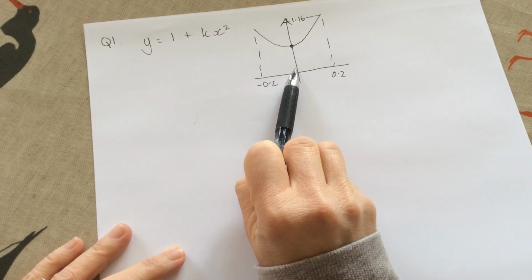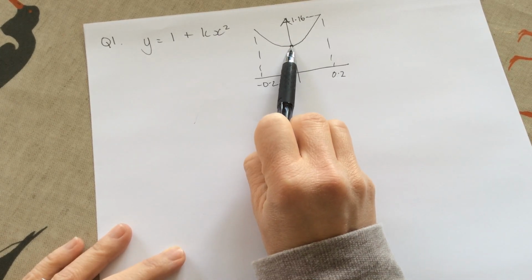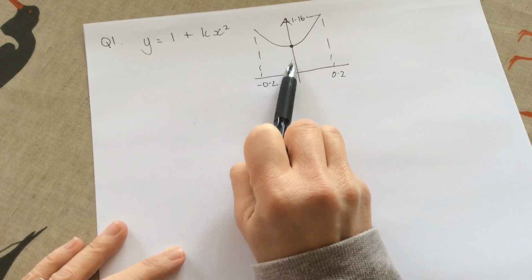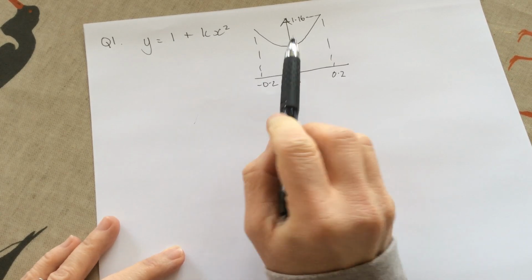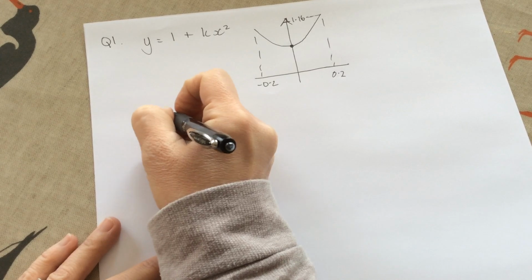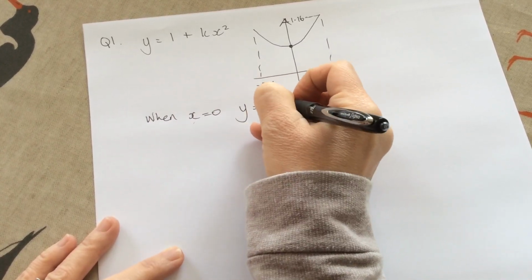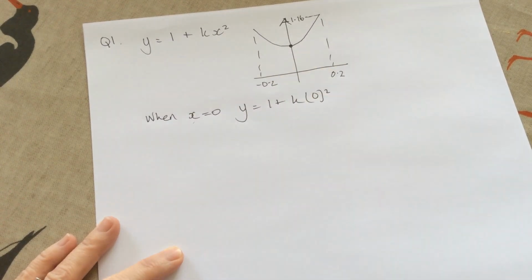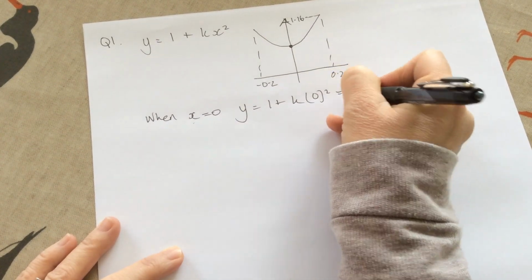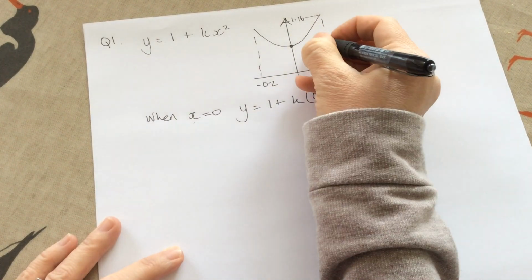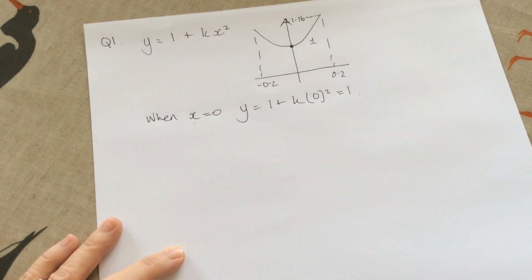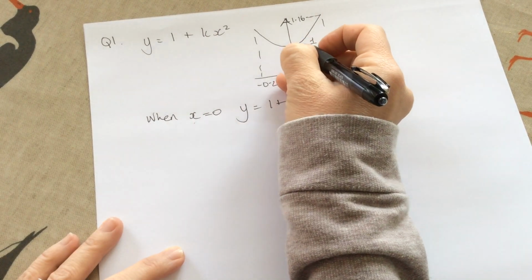So we're looking for what the intercept is here. In other words, what's the value of y when x is 0? So when x equals 0, y equals 1 plus k times 0 squared, which means y equals 1. So the intercept there is 1.